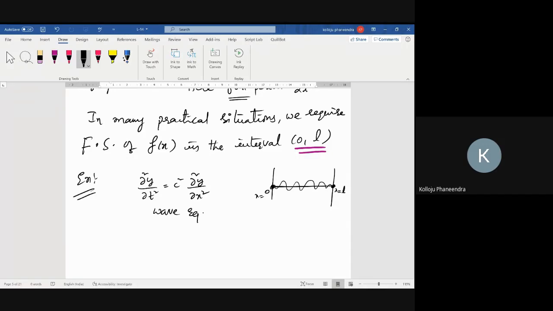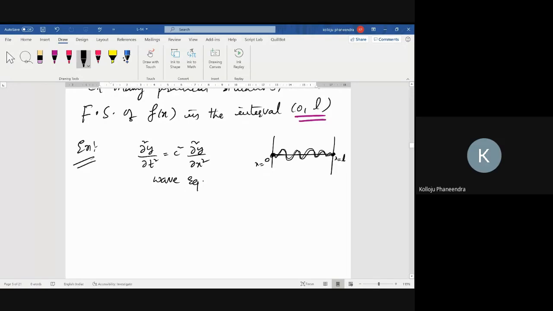This is the one dimensional wave equation. Why one dimensional? Because the oscillation is in one direction only. Here y is called the displacement in the string.